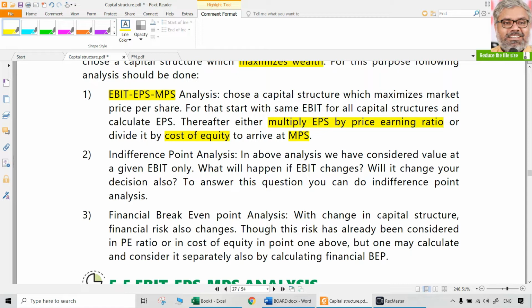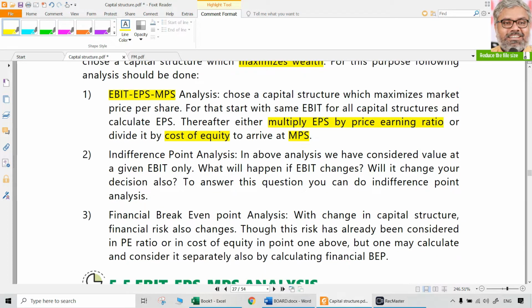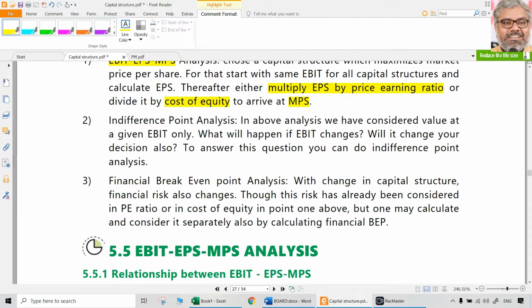So that's why we can arrive at market price per share by multiplying EPS with price earnings ratio, or by dividing EPS by cost of equity. Either way, market price per share can be arrived at, but ultimately the objective is to maximize the market price per share.